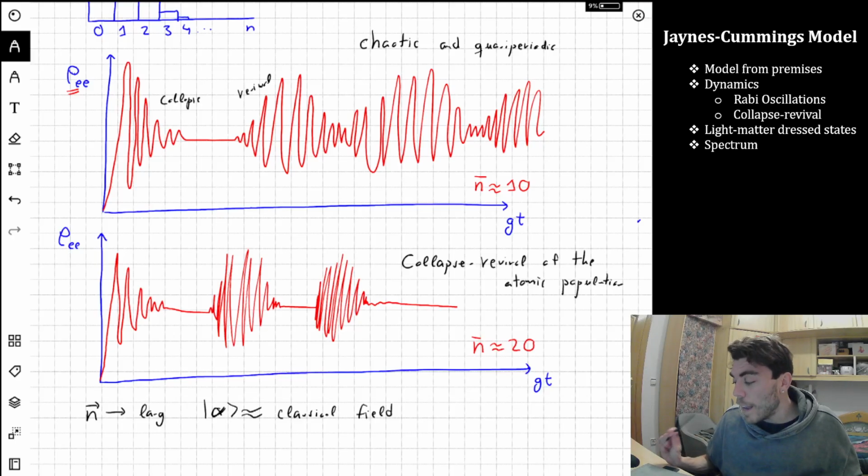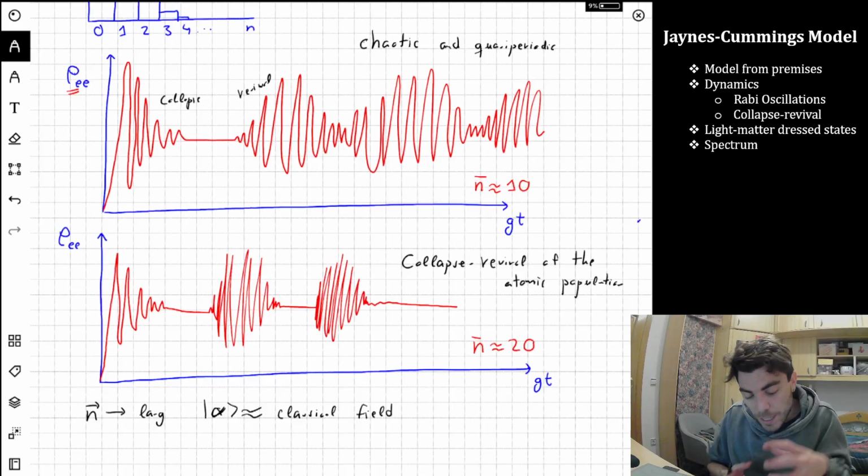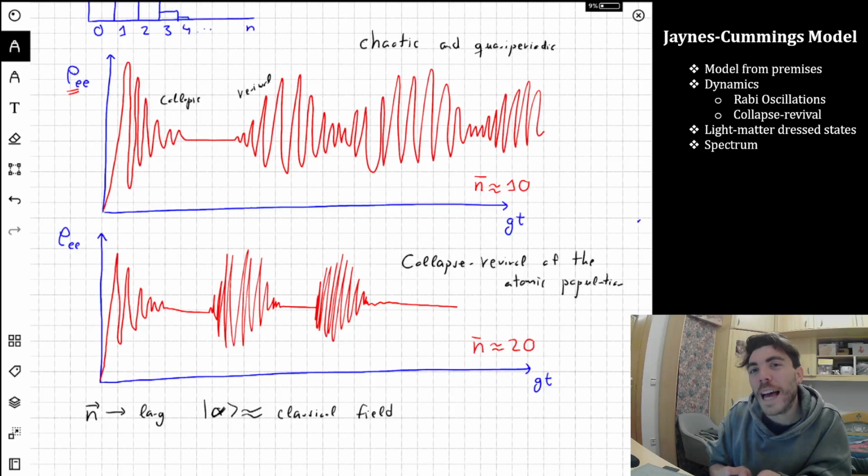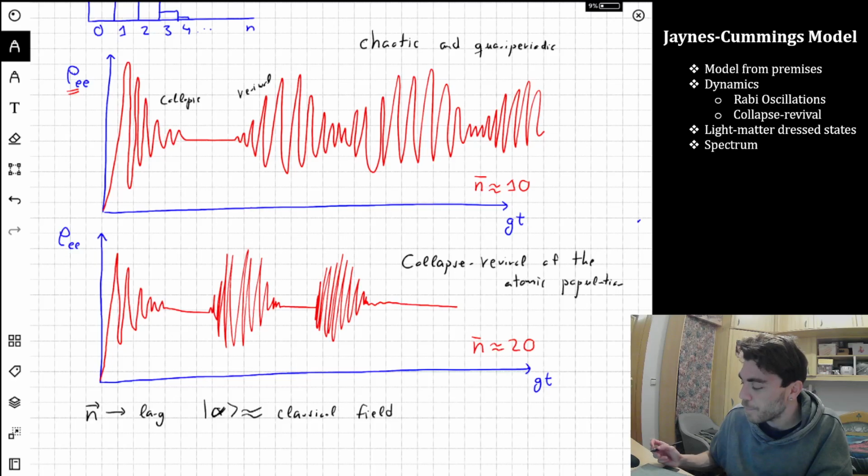It's only when the number of photons is small that you can start seeing the bumpy structure of light, the individual quanta composing the light field, and then you start having this quantum interference effect.